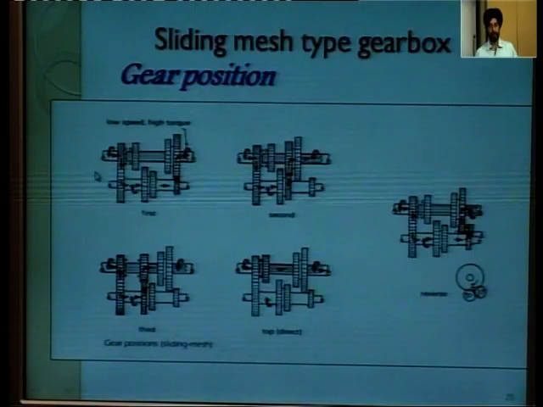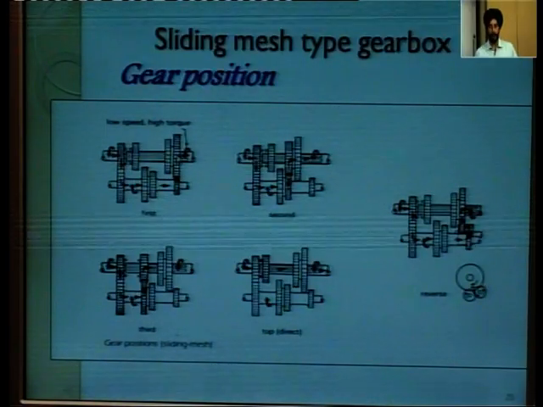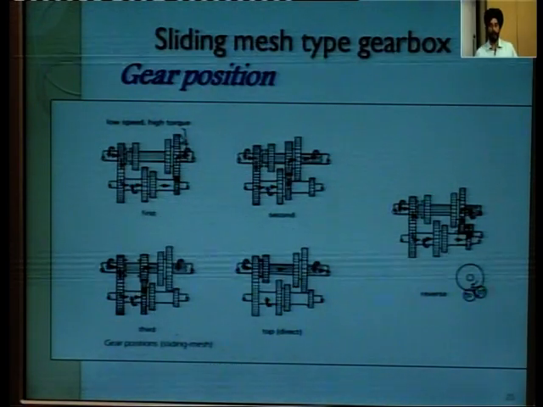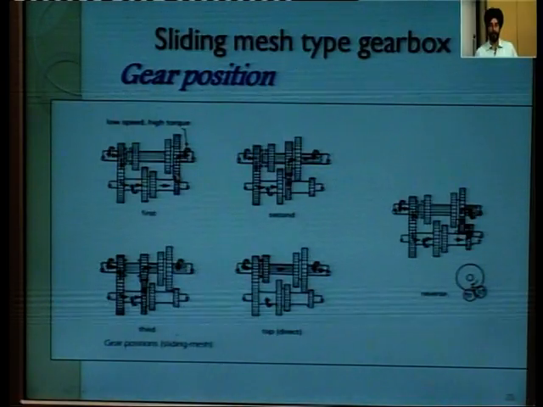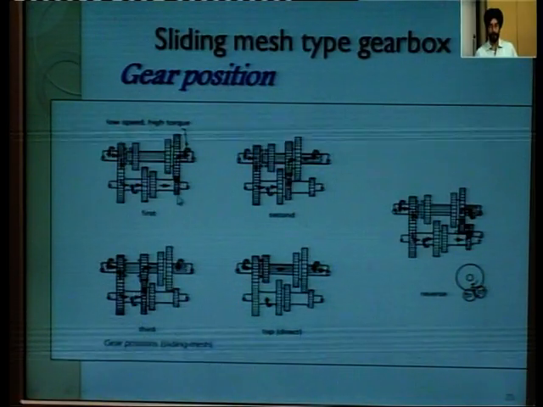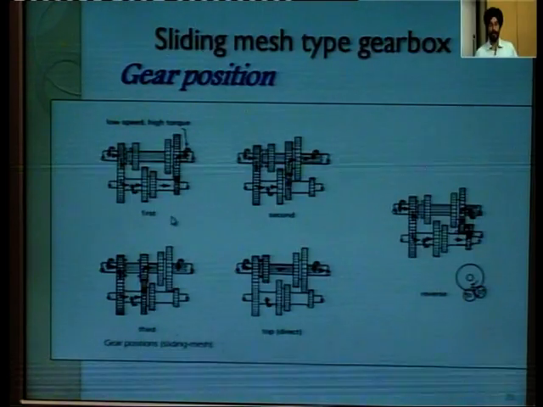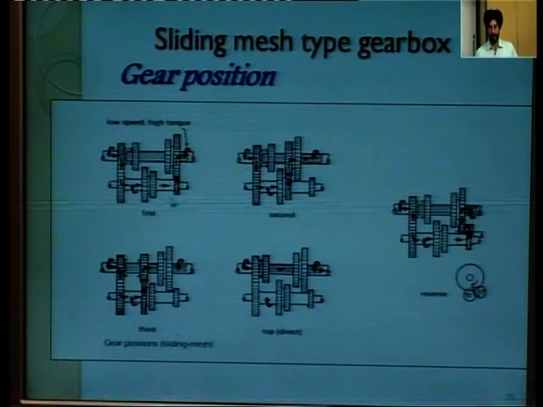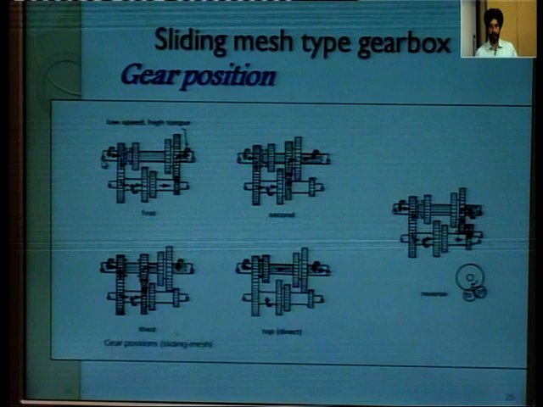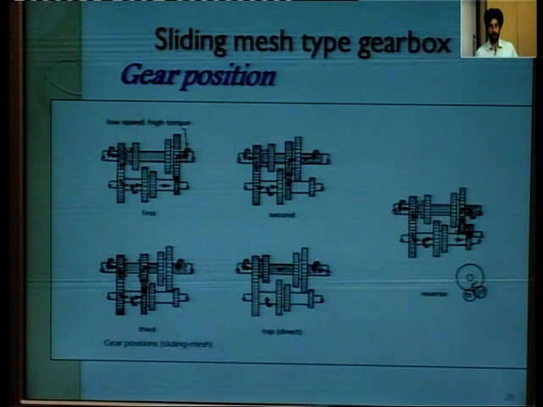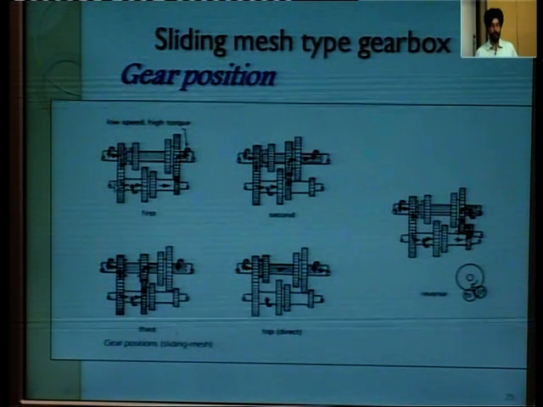But when we place first gear, that means the gear which has a large number of teeth is engaged with the smaller gear, in this condition first. So, the power will come from this clutch shaft to this gear, and it will transfer to the lay shaft gear.